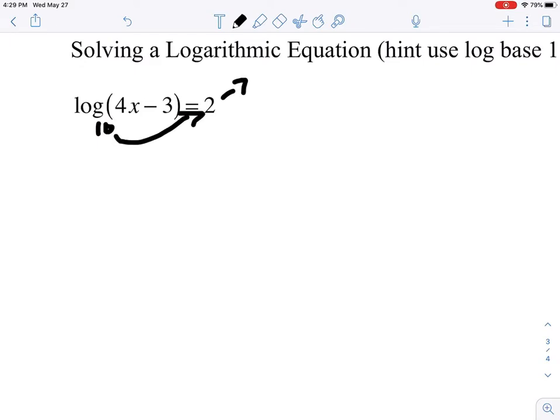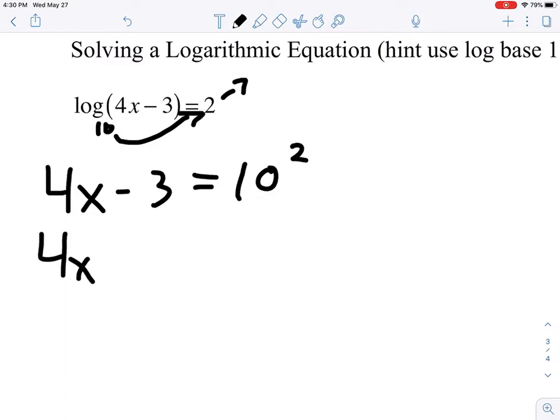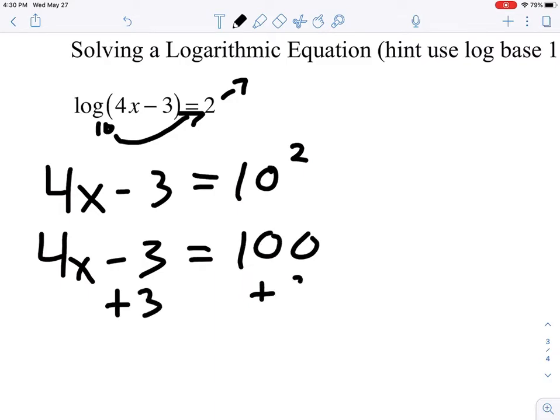That eliminates the log. I get 4x minus 3 equals 10 to the second. So I have 4x minus 3 equals 100. I'm going to add 3 over. Add 3, 4x equals 103. x equals 25.75.